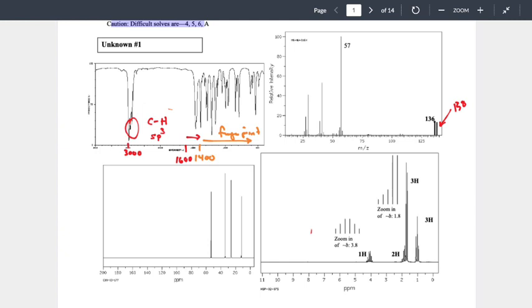So when we're looking at this formula, CnH2n plus 2, that's the maximum amount of hydrogens I can put on any carbon chain. So I can go back to my C4H9Br. If carbon was 4, my maximum amount of hydrogens would be 2 times 4 is 8, plus 2, 10. I can't have more than 10 hydrogens.